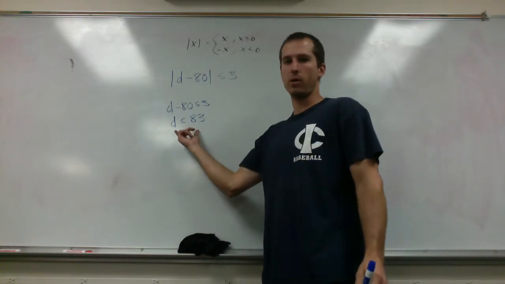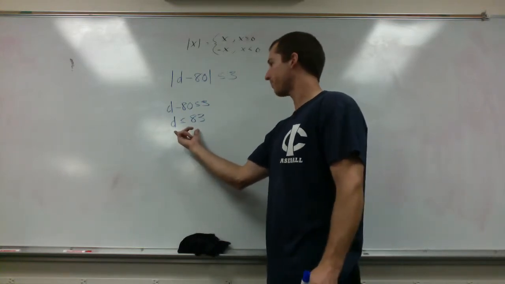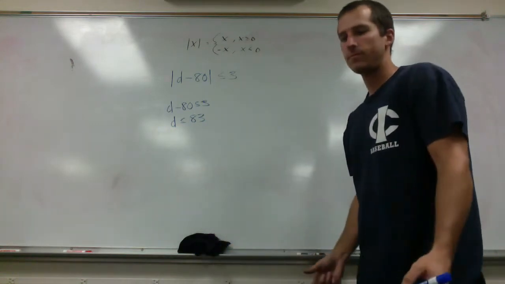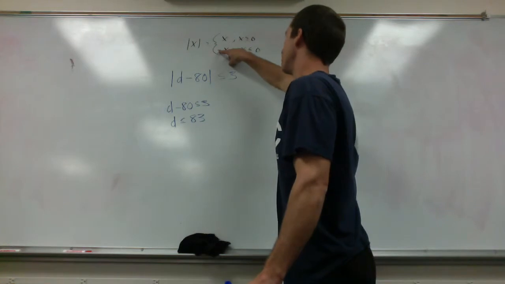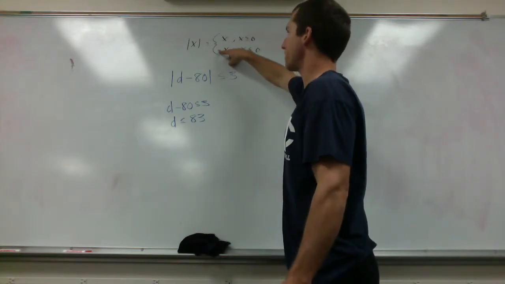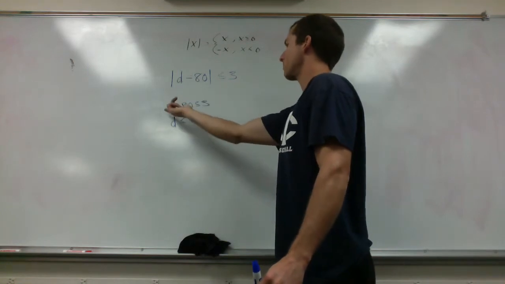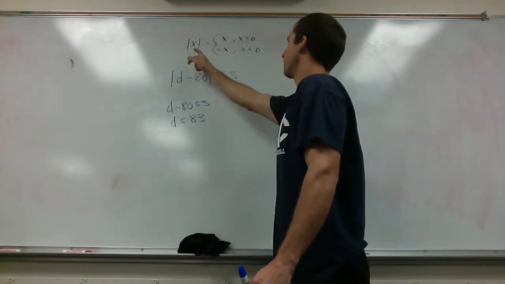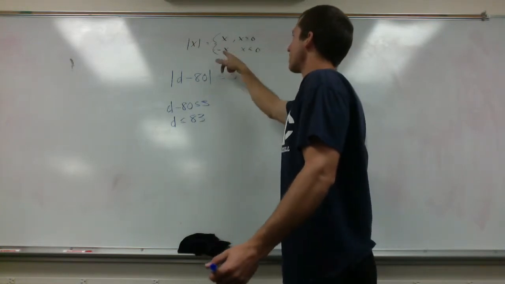And now I'm halfway there. I know D must be less than or equal to 83. That was probably the obvious one. The second part of that inequality is just using the other half of the definition. I don't know whether this is positive or negative. I assumed it was positive here and solved. So again, I'm going to pretend that it's negative to use this case.